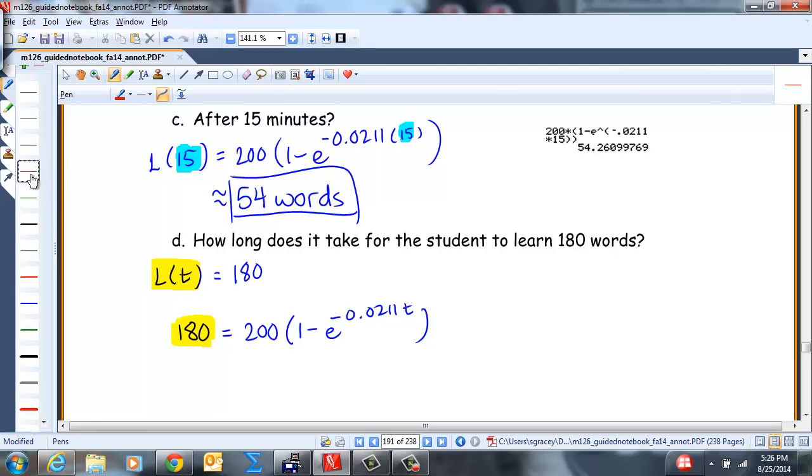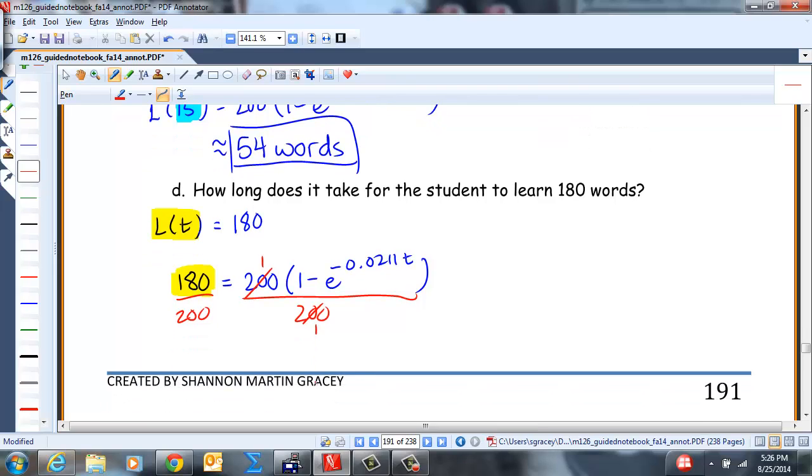If we divide both sides by 200, it'll divide out on the right. We can simplify on the left. I think this is 9 over 10, so we'll get 0.9 is equal to 1 minus e to the negative 0.0211t.